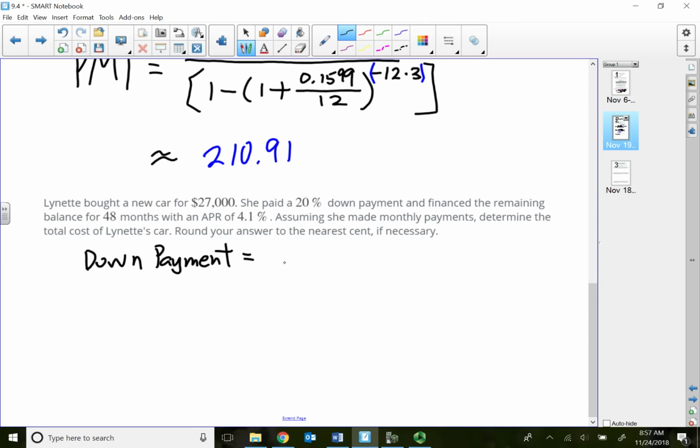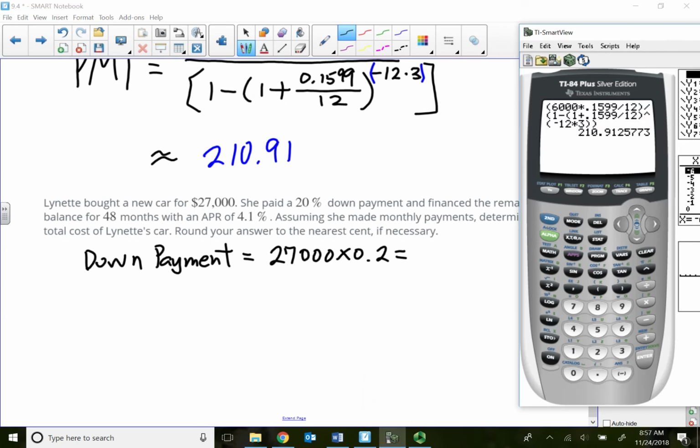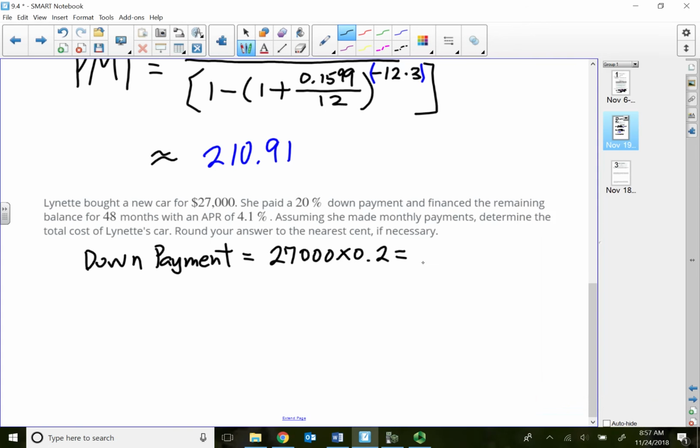Her down payment has to be 27,000 times 20%, right? Part is equal to percent times the whole. Okay, 27,000 times 0.2. Her down payment will be $5,400.